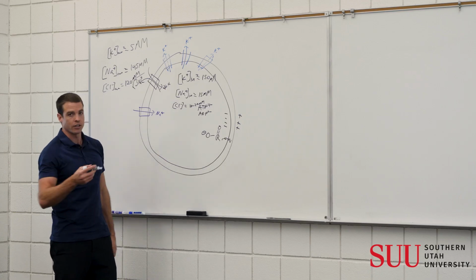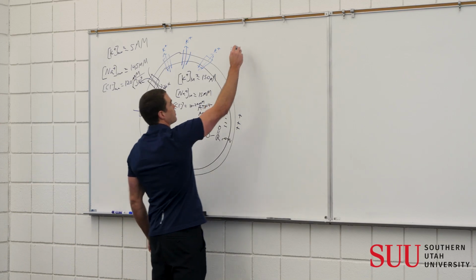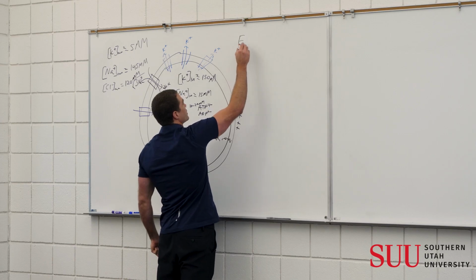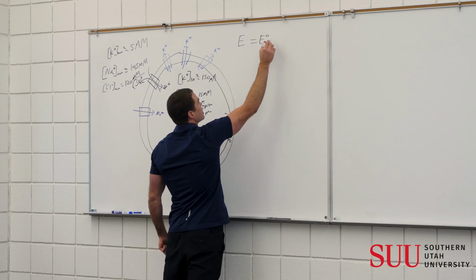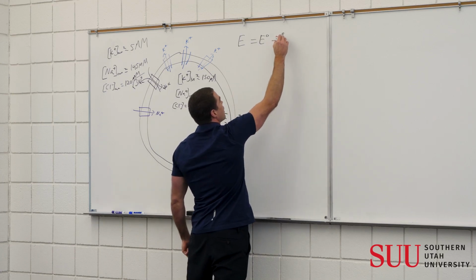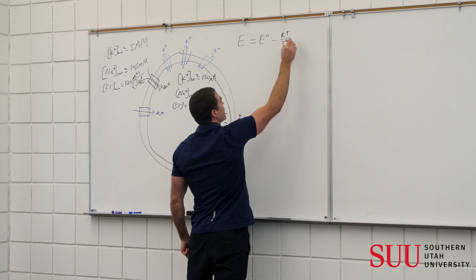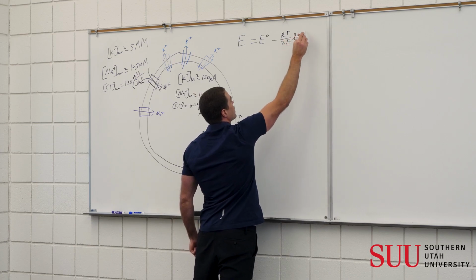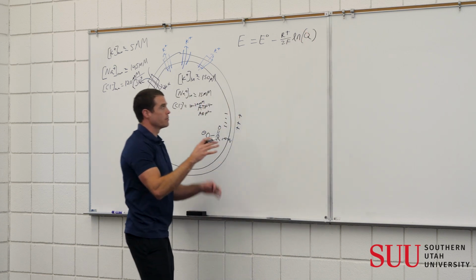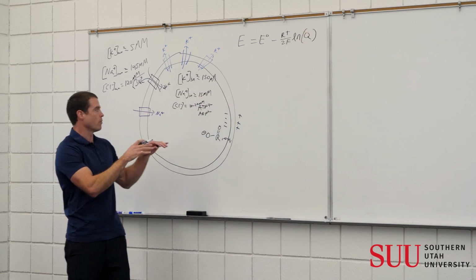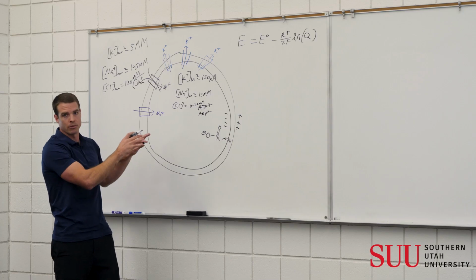So the Nernst equation, if maybe you've heard this before, is this simple: E equals E naught minus RT over ZF times the natural log of Q, which is basically the equilibrium that we're talking about.